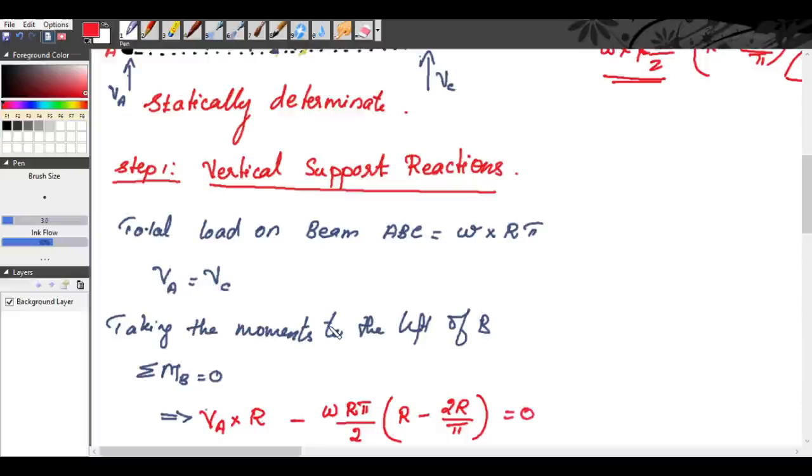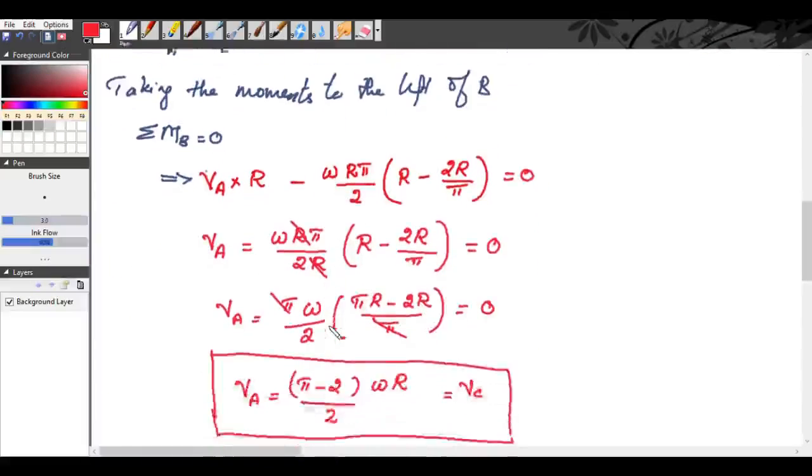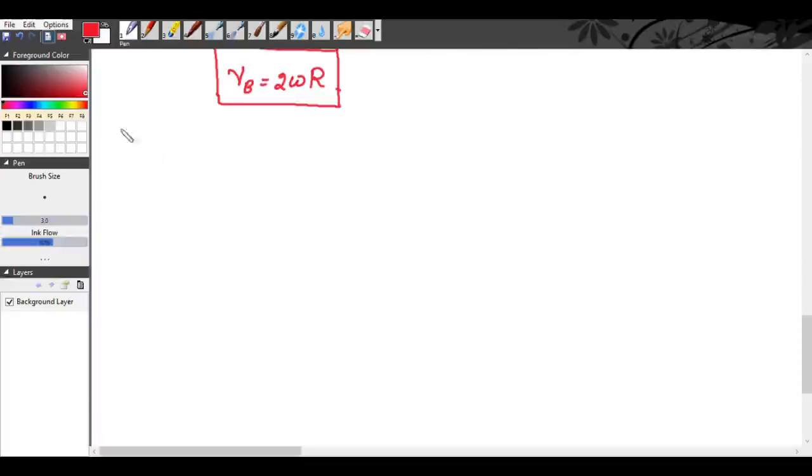Now we will move on to our step 2. Step 2 is to find the bending moment.